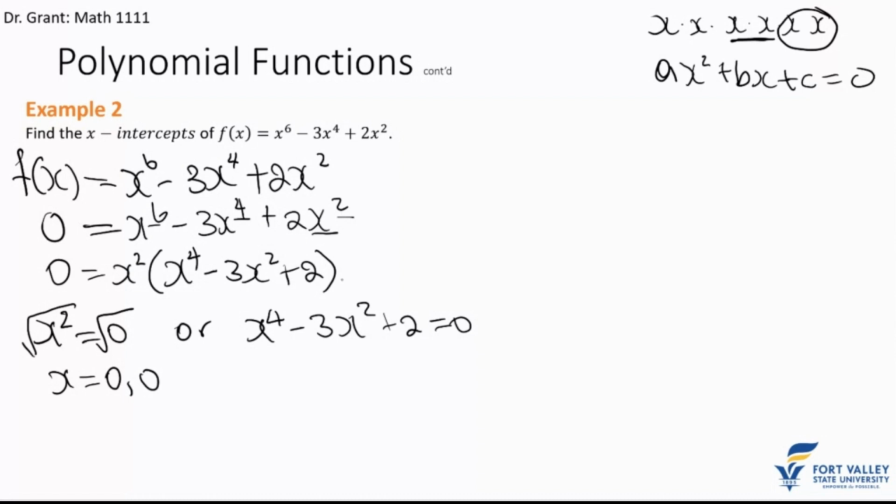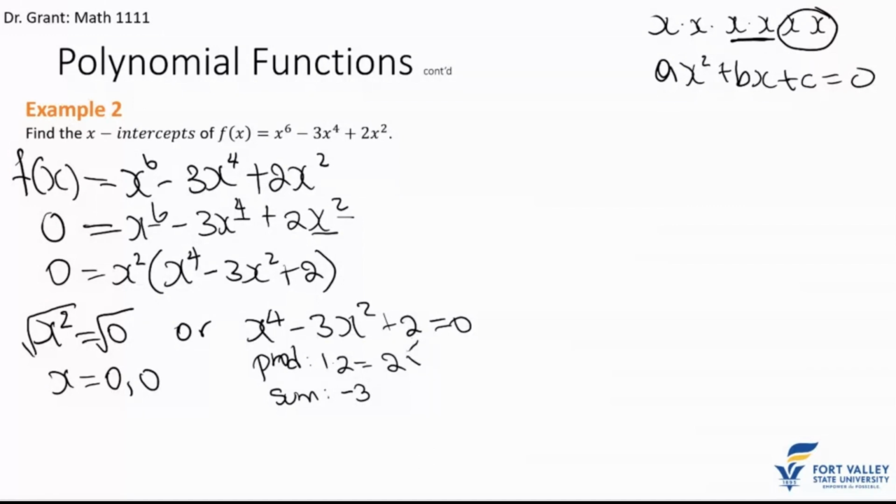In this instance, though, it's not x squared, but we will do the same thing that we would do if we were doing x squared. We need two numbers that multiply to give us a times c. In this case, that's 1 times 2, which is equal to 2. And the sum is -3.